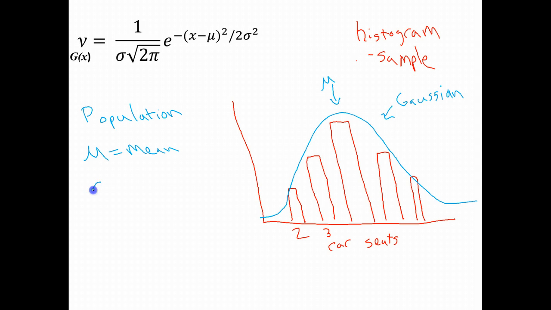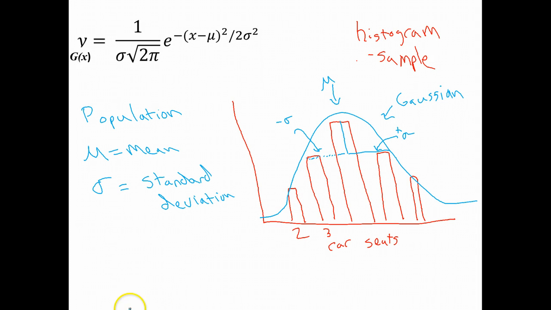And then sigma, which is the standard deviation. We can think of the standard deviation as being on this side here, so this would be your sigma. You have plus sigma, and then you have a negative sigma, because sigma can also be a negative distance away from the mean.